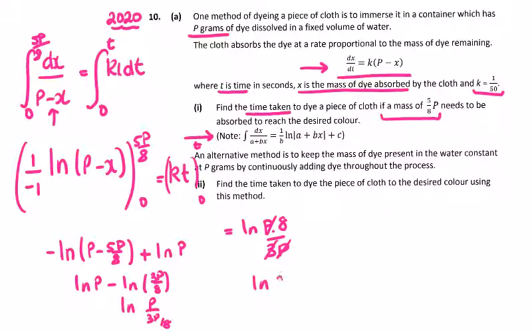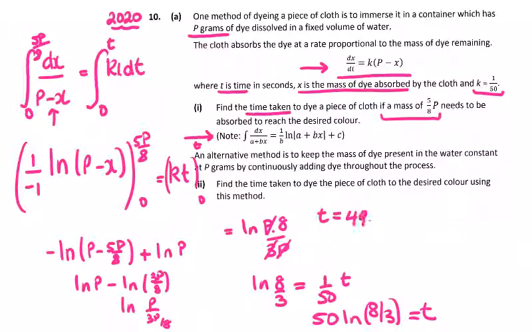So we're going to get the natural log of 8 over 3 is equal to k times t. The k was 1 over 50 times t. So we're going to get 50 times the natural log of 8 over 3 is equal to t. So in this case, time is equal to 49.0414. So 49.04, and t is in seconds.